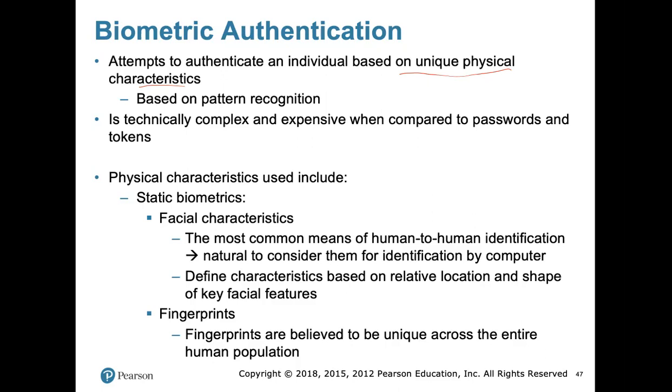These are parameters or features or characteristics that relate to our body. And of course, it is easy to understand that biometric authentication needs some type of pattern recognition, because my iris or my retina or my handwriting are all features that relate to my body, or the way I write, or the way I speak.